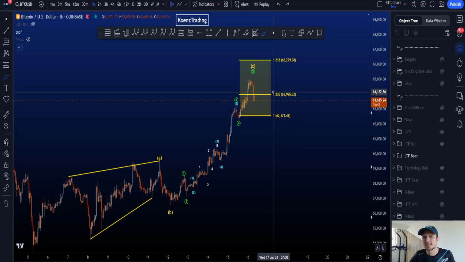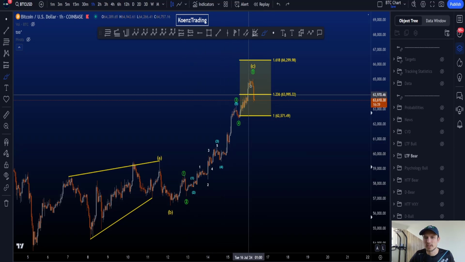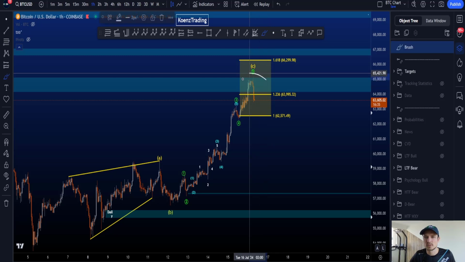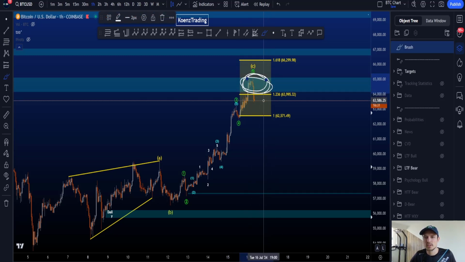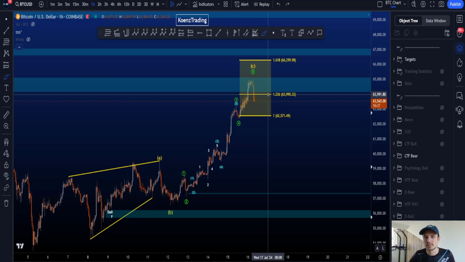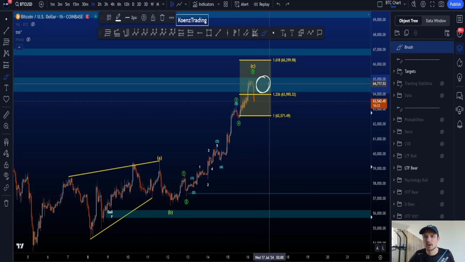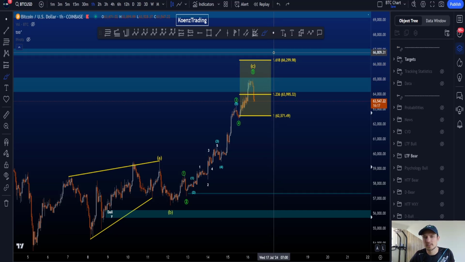Now, preferably in this scenario, you would like your C to be finished if we look at the sub-degree count as well. And we also hit resistance. So preferably this box over here is going to offer all the resistance that you need for this particular scenario, and then move towards the downside impulsively. Because if we do pass the resistance where we are now, the probabilities increase to move to the next blue box, which is at around 66.8 to 67K.